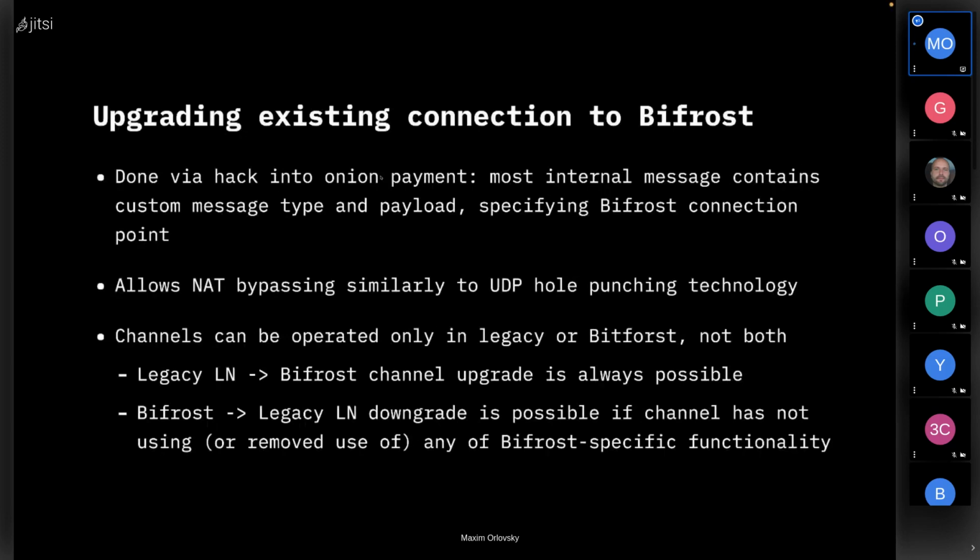It's basically a hack into the existing Bolt standard. And this hack allows you to ask that node to open a connection back to you using Bifrost, a direct connection. You provide your Tor or IP address to that node, and that remote node, when it receives this request, opens a connection back to you, bypassing NAT.